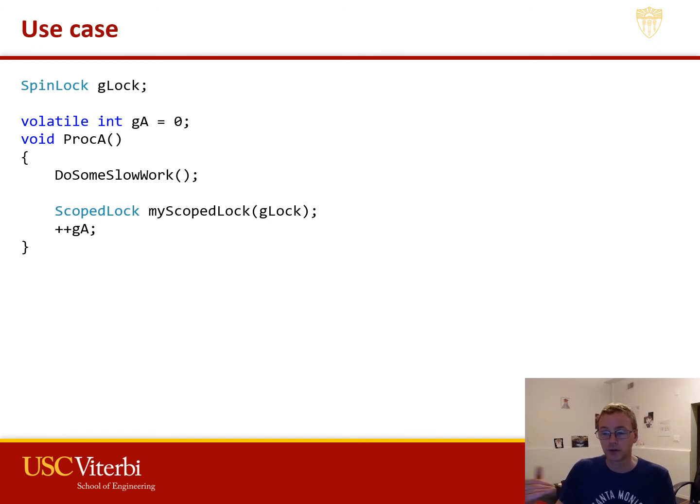In fact, when we do it in the labs, I would not advise you to use a scoped lock in all cases, because sometimes you do want to control exactly when you release the lock so that you can really minimize how long the lock is held.